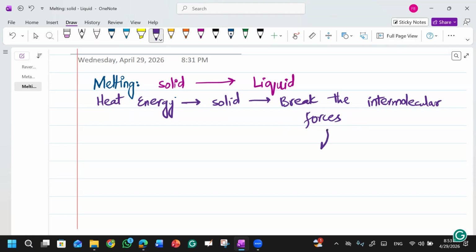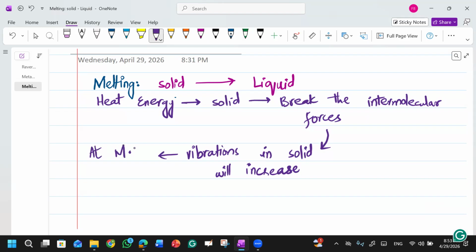What will happen next? When there is breakage of intermolecular forces, the vibrations will increase. Vibrations in solid will increase, and ultimately at the melting point, this solid will be converted into liquid.